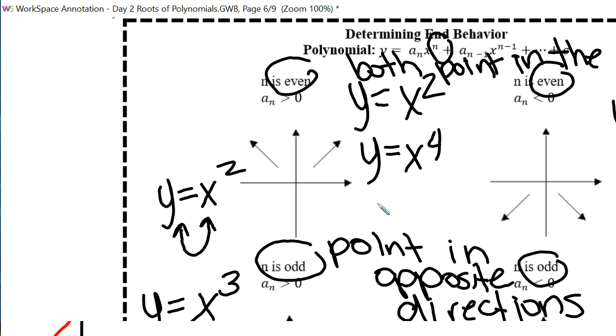If it's even, they point the same direction. They're either both up or both down, depending on that leading coefficient. So those are the two things you need to check. Look for the highest power and determine whether the leading coefficient is positive or negative. Now we're going to be using those rules to create some graphs.